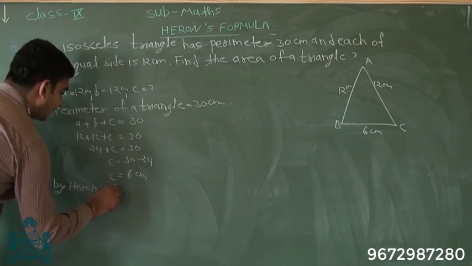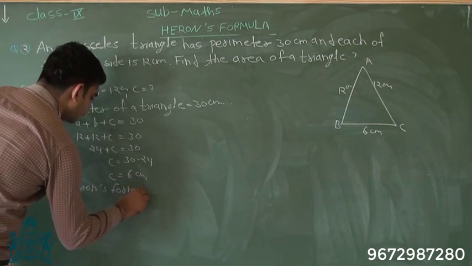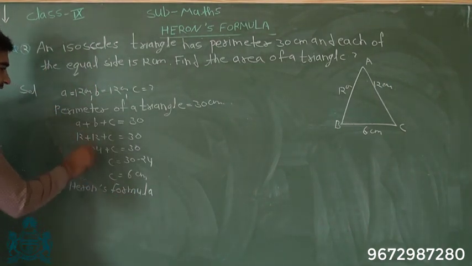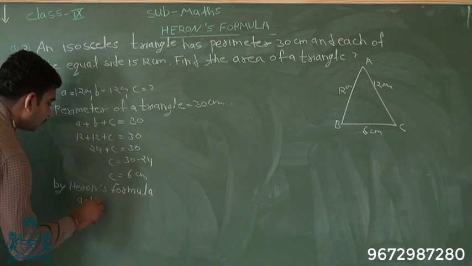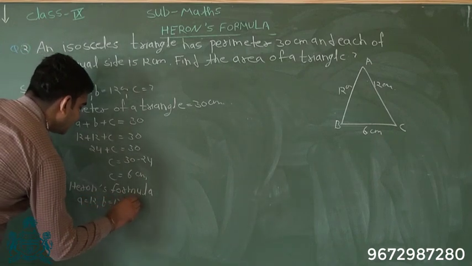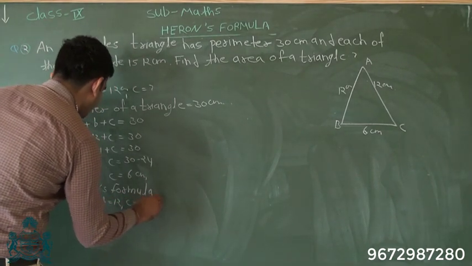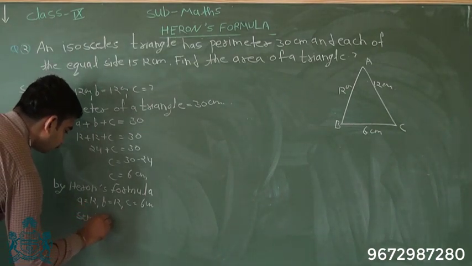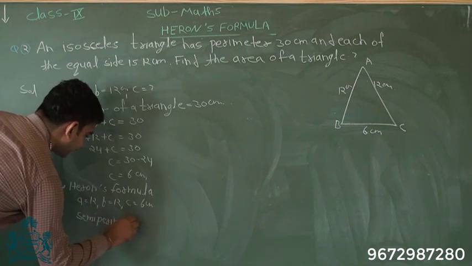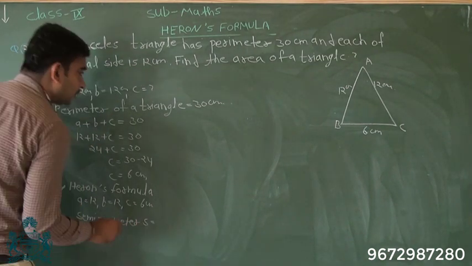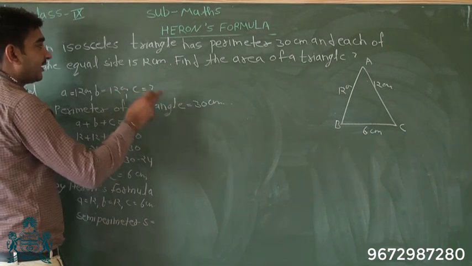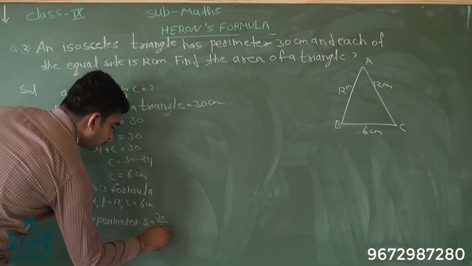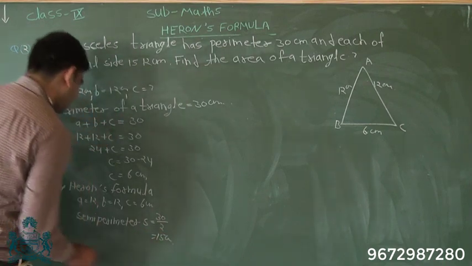By Heron's formula, A equals 12, B equals 12, C equals 6 centimeter, and semi perimeter S equals half the perimeter of the triangle, 30 upon 2, equals 15 centimeter.